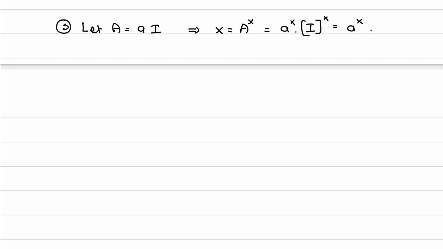Which implies each element of X is such that x is equal to a to the power of x because of this. Please understand this, these concepts only are important.